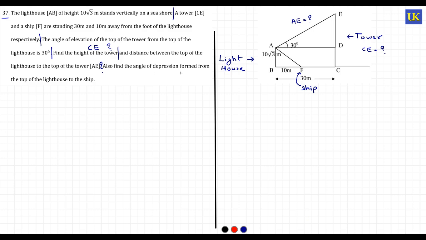Find the angle of depression formed from the top of the lighthouse to the ship. This is the angle they are asking us to find out. Let us name this as theta.